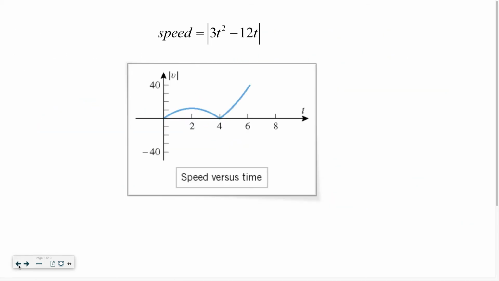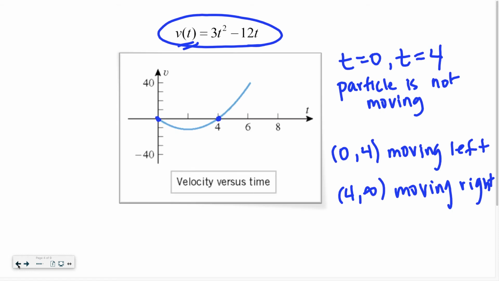I'm going to come back to our velocity graph because I just want to remind you of some things that we talked about. Okay? If we have a velocity graph, we can still determine our acceleration. Remember, where the derivative is decreasing, then our second derivative would be negative.